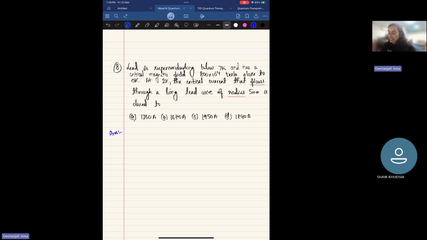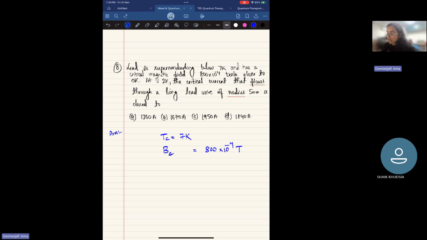Okay, it's given lead is superconducting below 7 Kelvin. So that means Tc is 7 Kelvin. And it has a critical magnetic field given as 800 into 10 to the minus 4 Tesla. You can see here it is given in terms of Tesla, that means it is the magnetic field Bc.